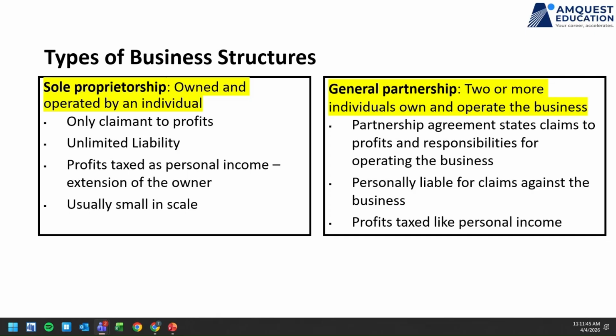So in this case, the profits are shared, the responsibilities are shared, and any losses are also shared between the partners. Partners are personally liable for claims against the business, right? So once again, in a partnership firm, there is unlimited liability. You are personally liable to settle any claim against the business.